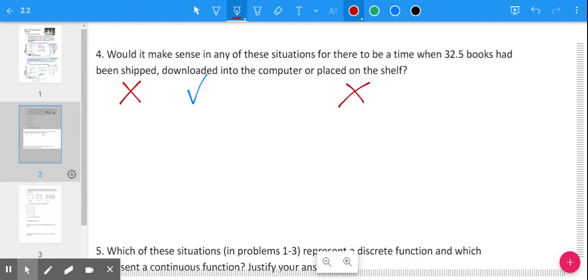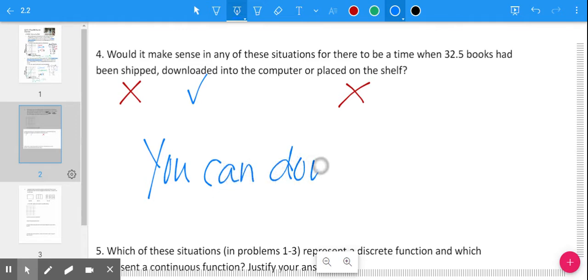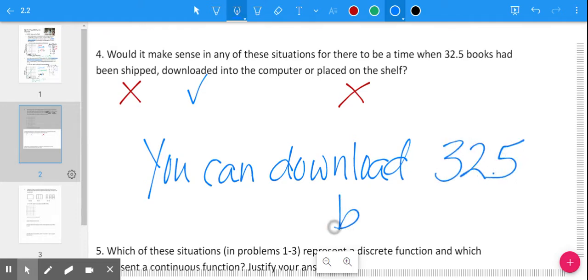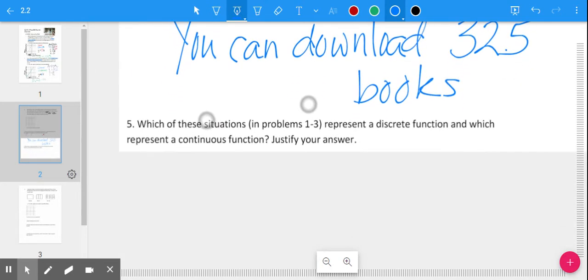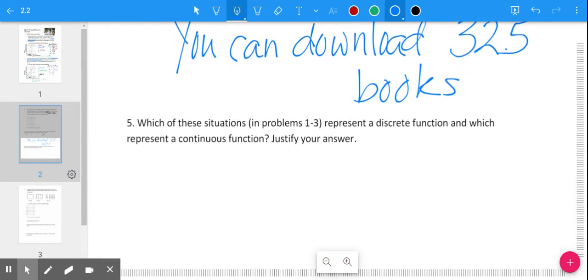The book is either on the shelf or not on the shelf. So you can download 32.5 books. So we've also went over continuous versus discrete as we did these problems. So you should be able to answer that one on your own as well.